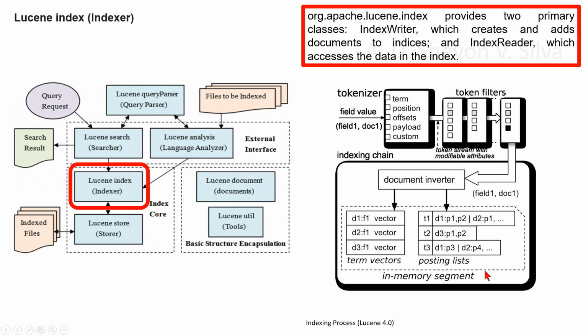Term values don't have to be UTF-8 strings as in previous versions of Lucene. Version 4.0 fully supports arbitrary byte array values as terms and can use custom comparators to define the sorting order of such terms.